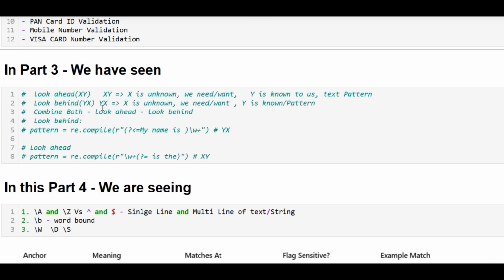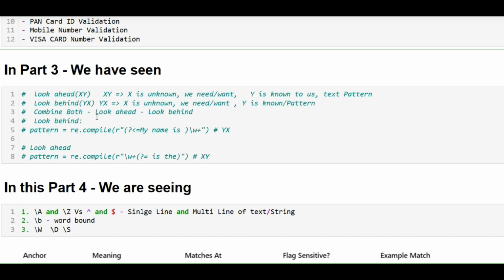So in the xy and yx combination, x is the unknown we need to find, and y is known to us, that is a text pattern. From the combination xy and yx, we derive look ahead and look behind with respect to the x you are looking for.